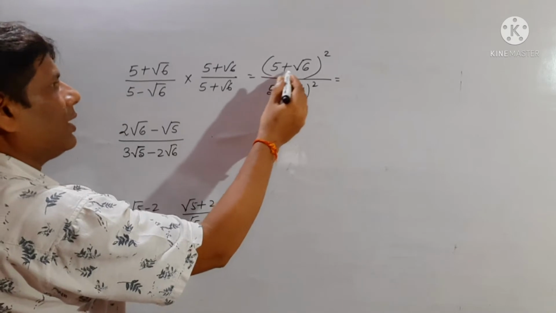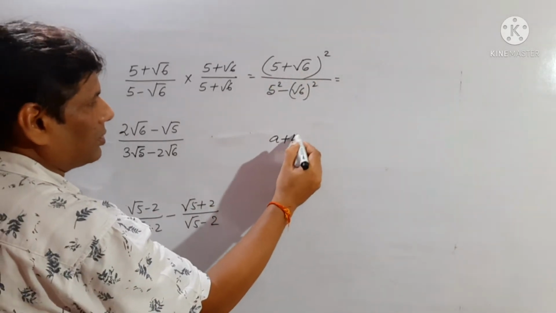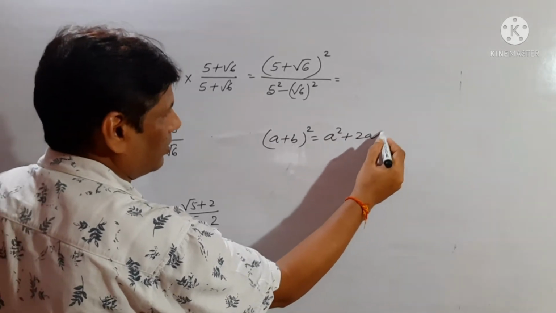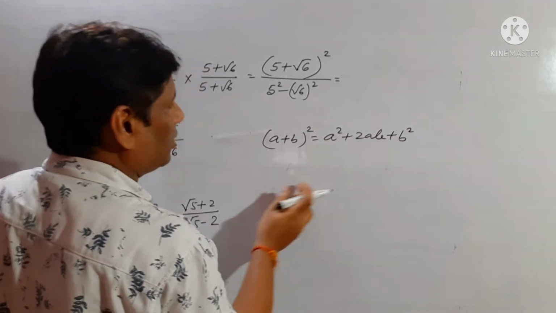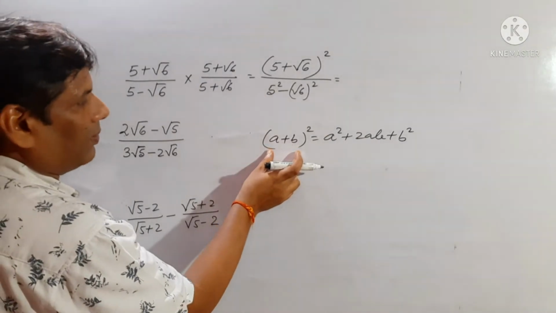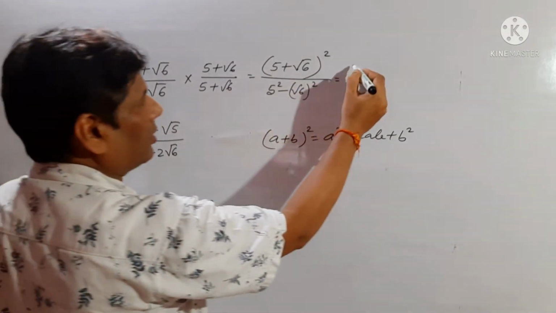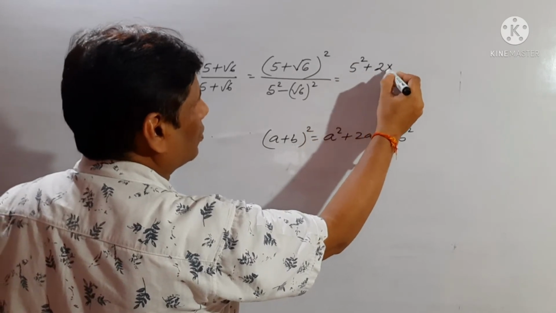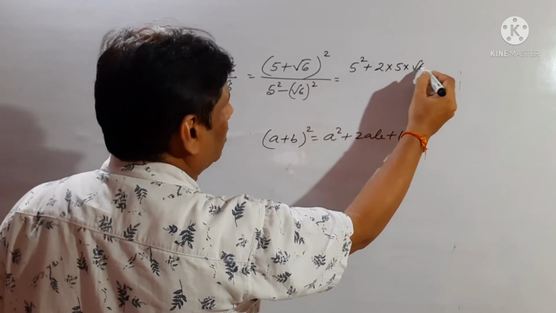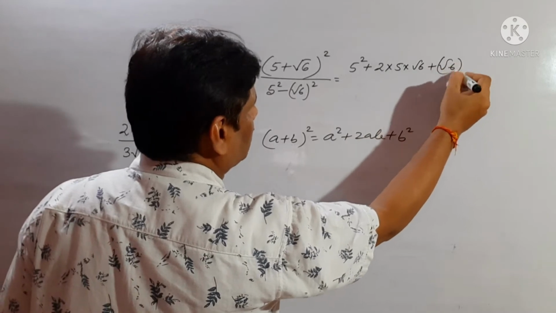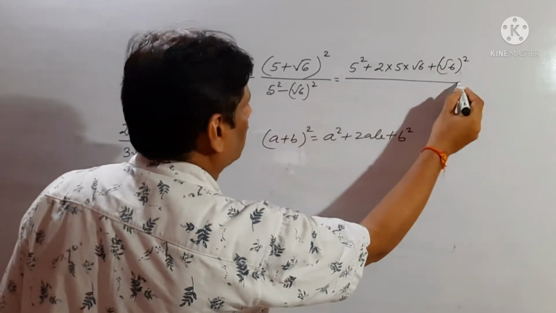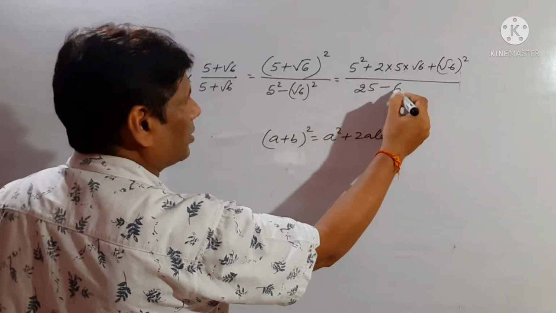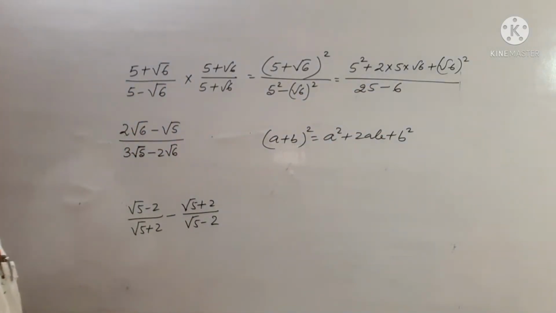So we already know that a plus b whole square is a square plus 2ab plus b square. By applying this formula to a plus b whole square here, we get a square plus 2ab plus b square, divided by 5 square, 25, minus root 6 square, which is 6.